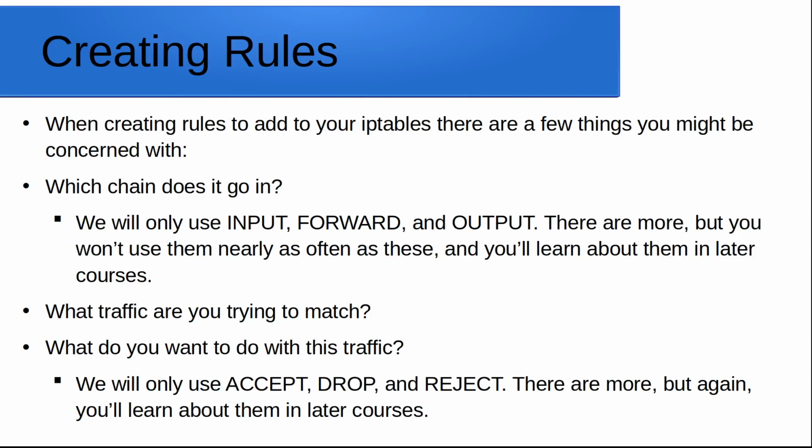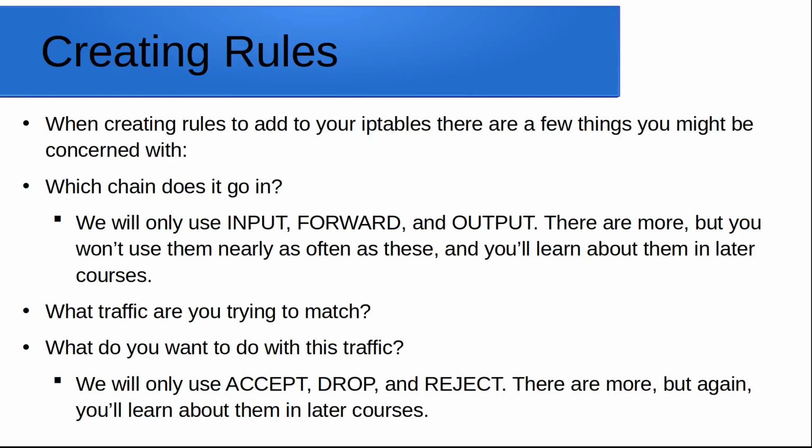I've already mentioned inbound traffic, HTTP traffic, which is port 80. Well, it's incoming to the server, right? It's a web server. So that's going to go in the input chain, right? It's not going to go in the forward. It's not going to go in the output. It's going to go in the input chain. So think about things like that, right? Think about what type of traffic you're trying to match.